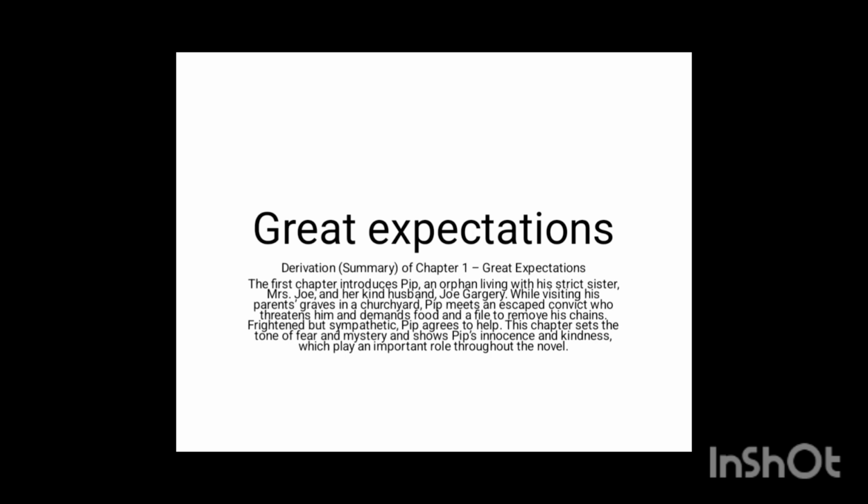A convict here means someone who is guilty, someone who is in prison because he is guilty of a crime. So that's called a convict, who threatens him and demands food and a file to remove his chains.